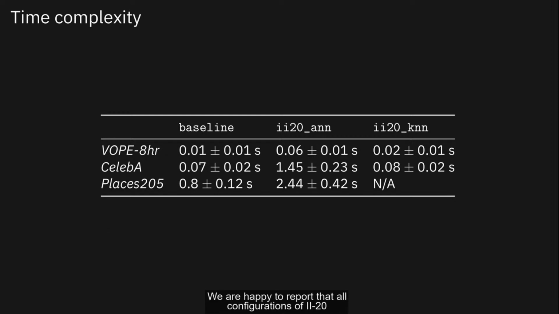We are happy to report that all configurations of AI20 run in direct manipulation mode, which is under 2 to 3 seconds per interaction round. And in many cases, this time is slashed further into real-time mode, which is under 0.1 seconds. So AI20 is very suitable even on large-scale datasets.